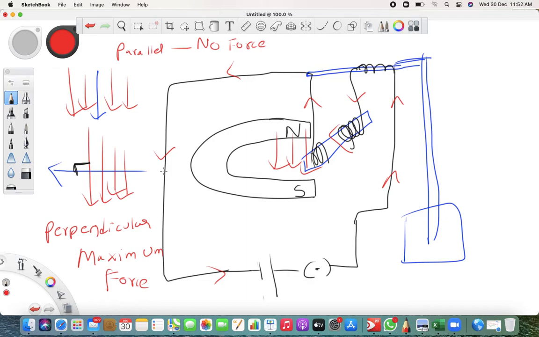Understood? This is very simple and clear logic. If they are perpendicular, the magnetic force is maximum. If they are parallel or anti-parallel, there is no force.